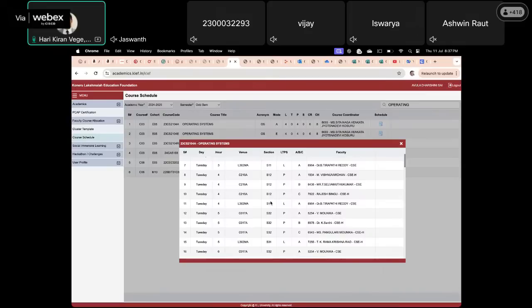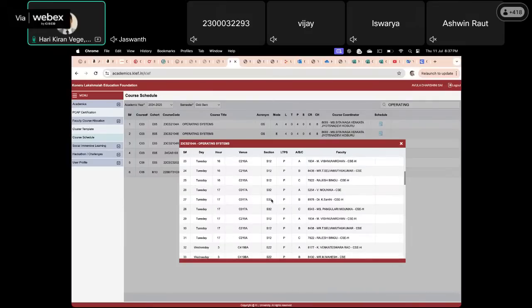Cluster 1, right? Right after S, whatever number you see, that is the cluster. So after S in S12, what is the digit? 1. So it is cluster 1.